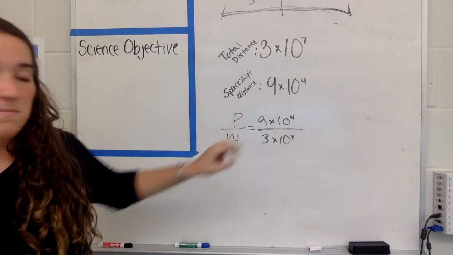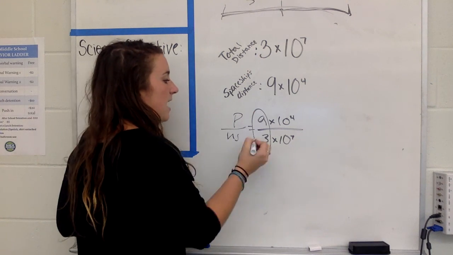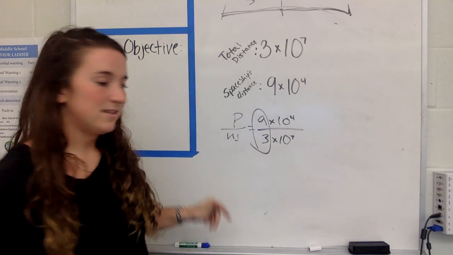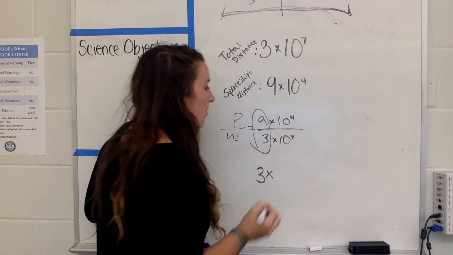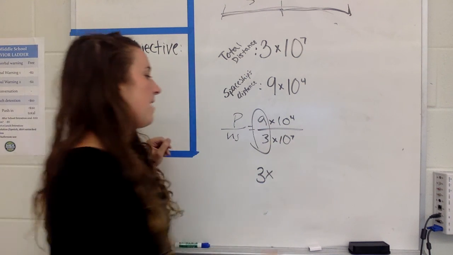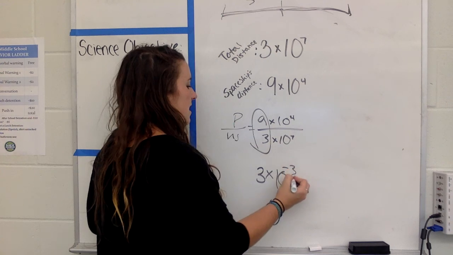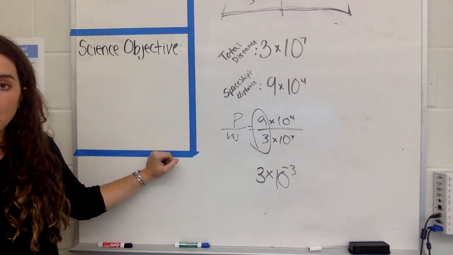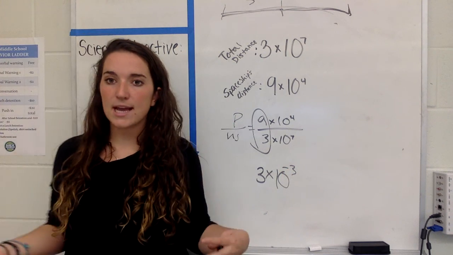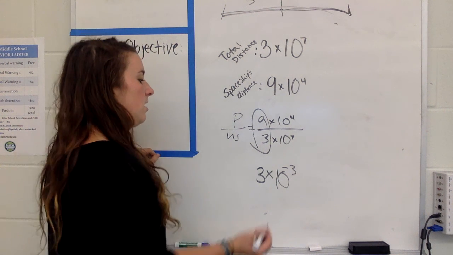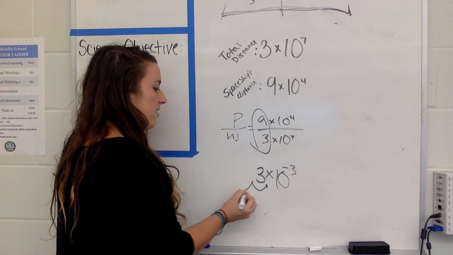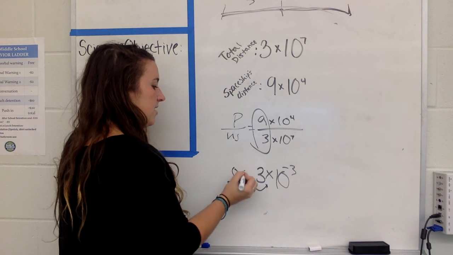This one is easier because we have a bigger number on top. 9 divided by 3 is 3. When we divide exponents, we subtract, so 10 to the negative 3rd power. Next, I need to convert this into standard form, so I have a decimal. I'm going to move my decimal to the right 3 times. It goes here.